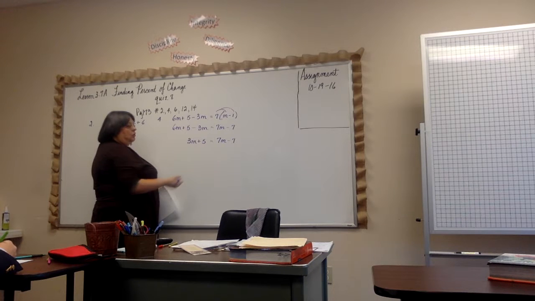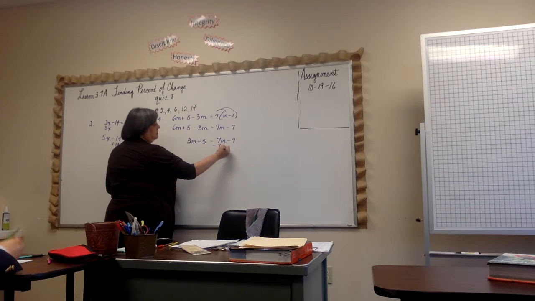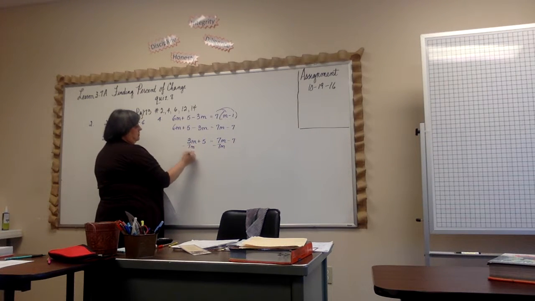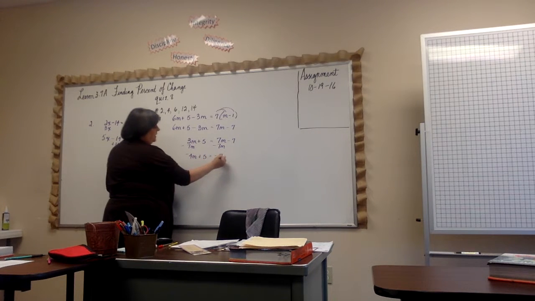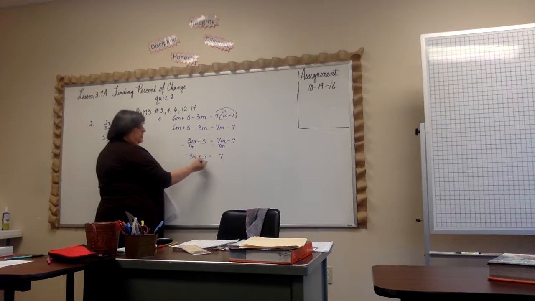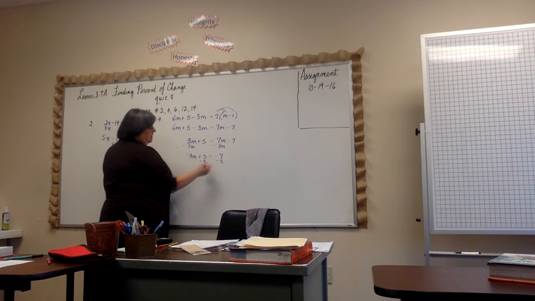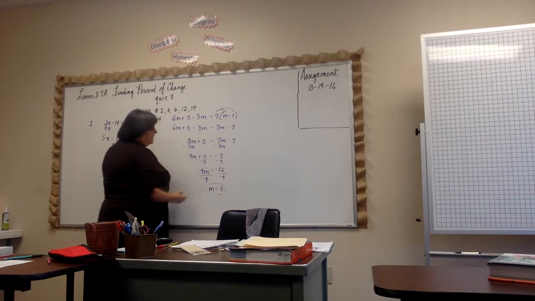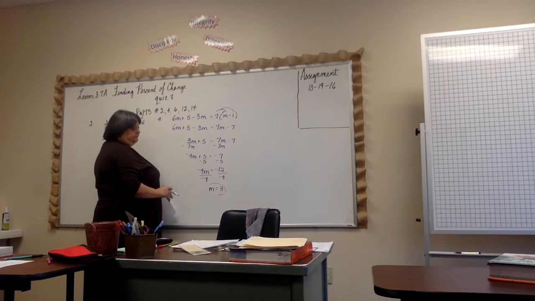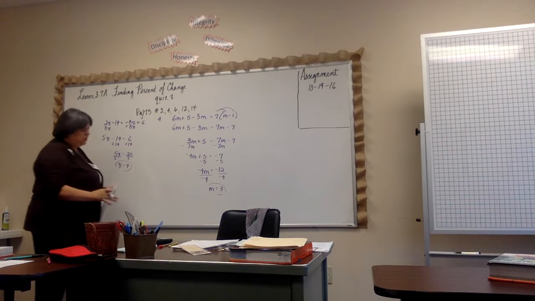And then we'll cross over, and then we'll clean up. So when we divide by -4, it would be +3. M equals 3. Question on that one?